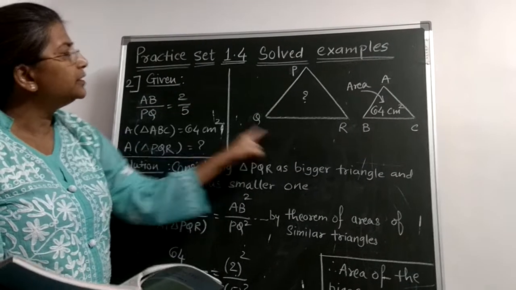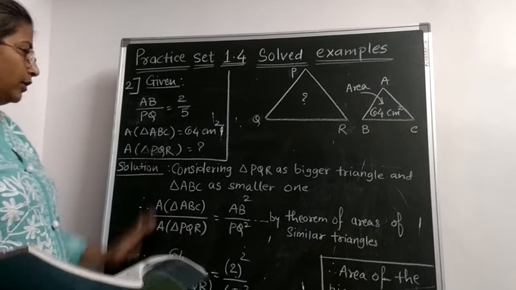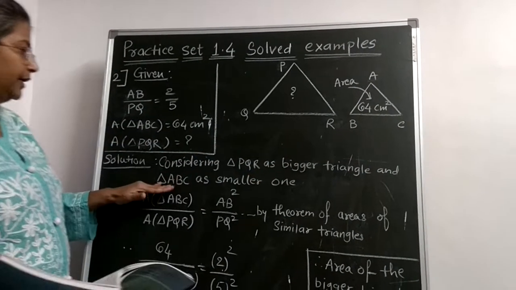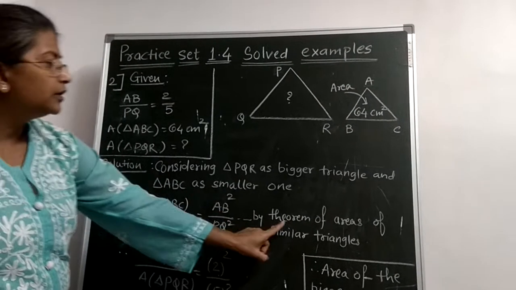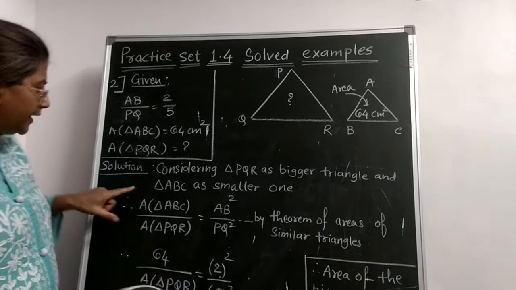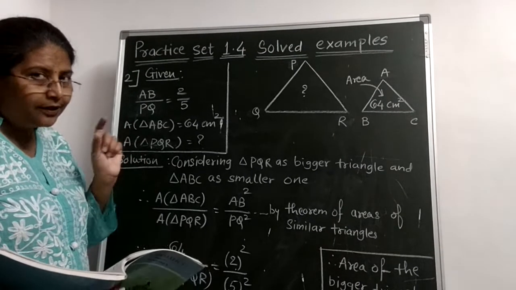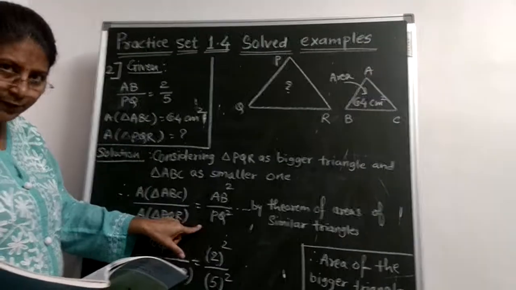Now by the assumption our bigger triangle is triangle PQR, and triangle ABC is the smaller one. We know the theorem of areas of two similar triangles tells us that the ratio of the areas of those two triangles is always equal to the ratio of the squares of their corresponding sides.